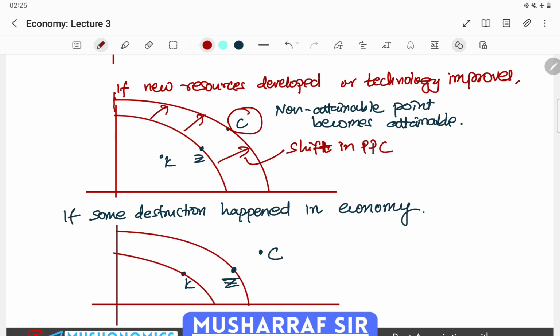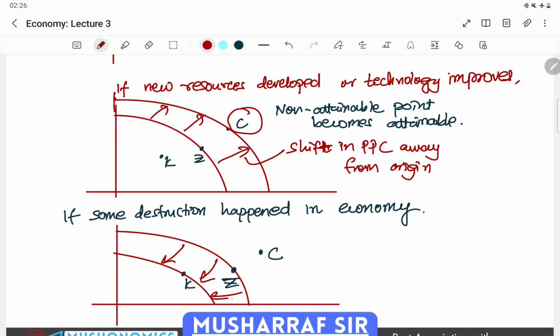This is what? Shifting. Shift in PPC towards origin. Shifting PPC towards origin, away from origin. This is shift in PPC away from origin.